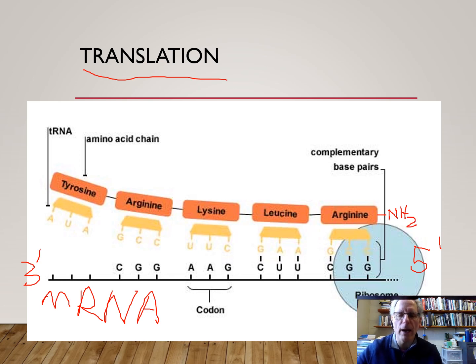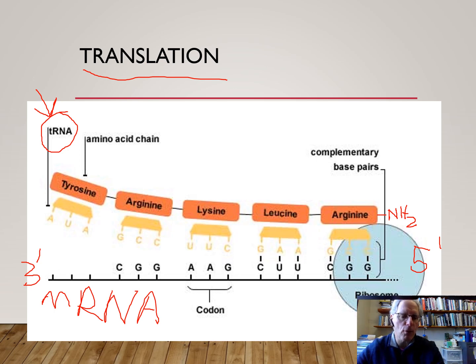Proteins are made from amino acids. Those amino acids are brought to the ribosome by tRNAs, transfer RNAs. Transfer RNAs are also made in the nucleus, processed in the nucleus, and then brought to the cytoplasm.